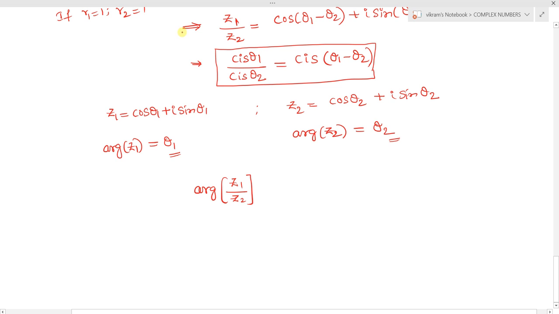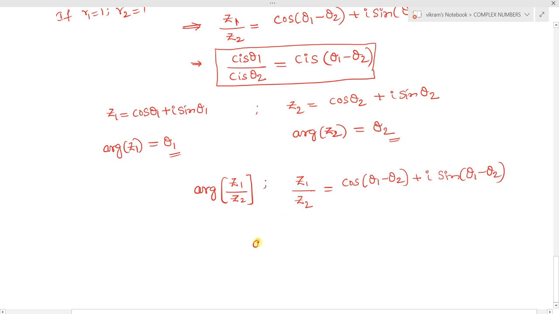To find the argument of z1 by z2, we obtained z1 by z2 equals cos of theta 1 minus theta 2 plus i times sin of theta 1 minus theta 2.